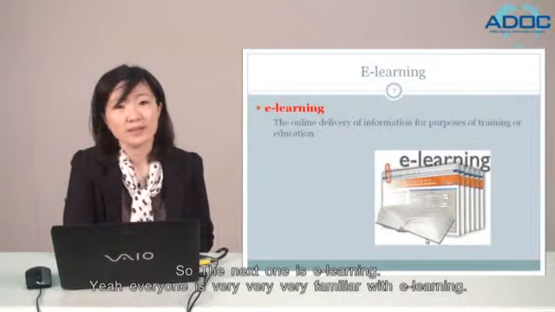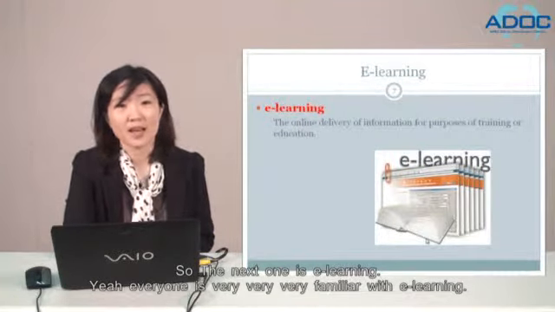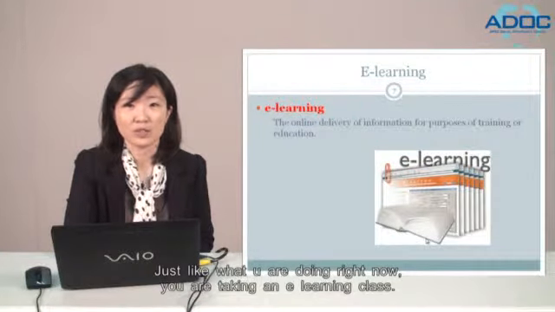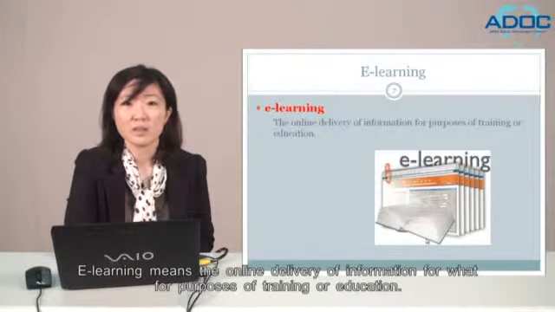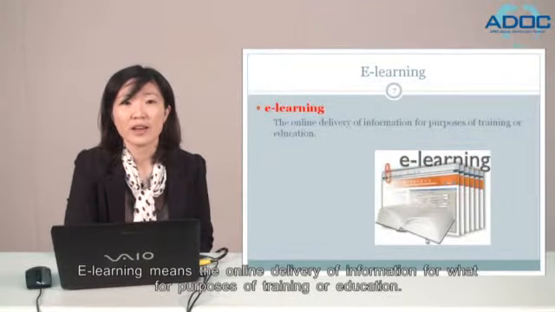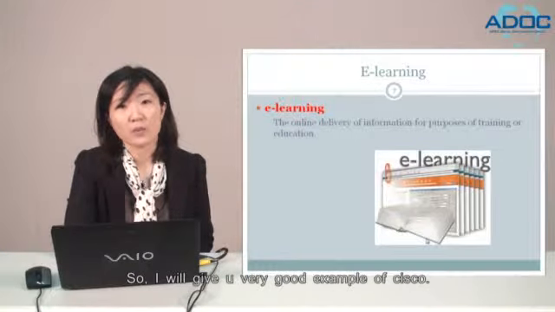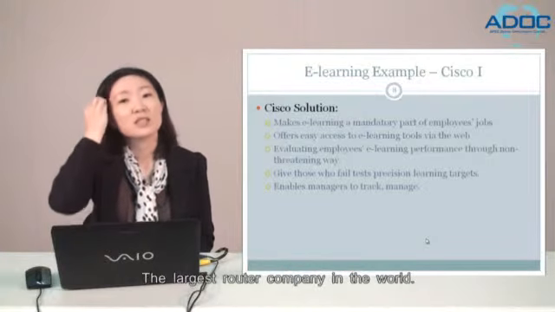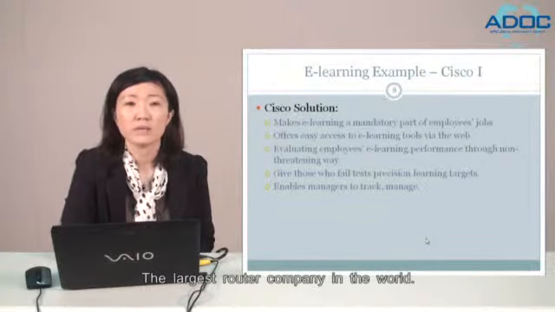So the next one is e-learning. Everyone is very familiar with e-learning. Just like what you are doing right now, you are taking an e-learning class. E-learning means the online delivery of information for purposes of training or education. I will give you a very good example of Cisco, the largest router company in the world.